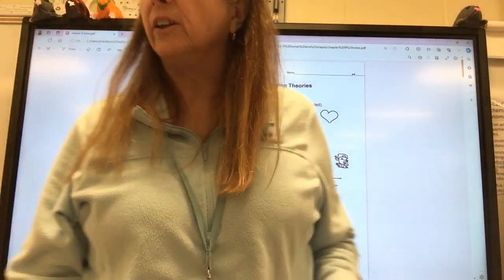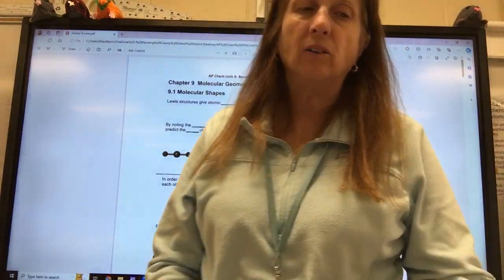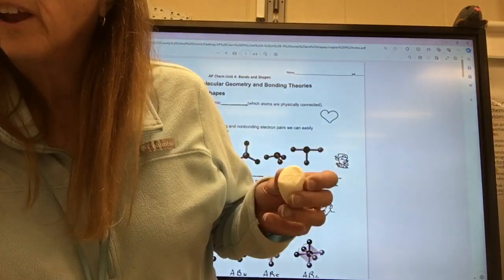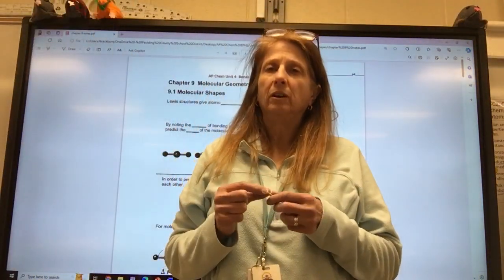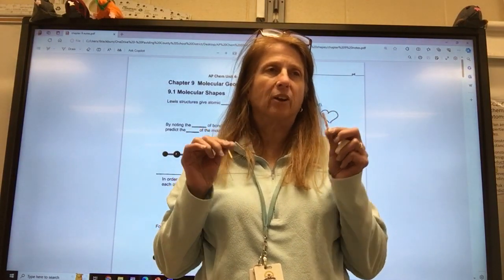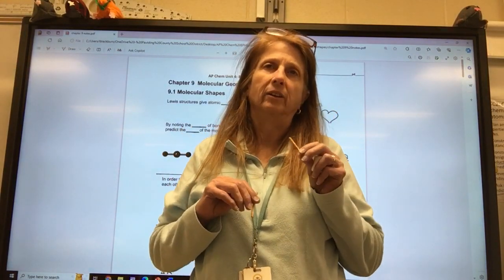All right, so before we do anything, we're going to sort of illustrate the concepts in this with marshmallows and pretzels, okay? So everybody take your marshmallow, and your pretzels represent electron clouds. So are they positive or negative? Negative.